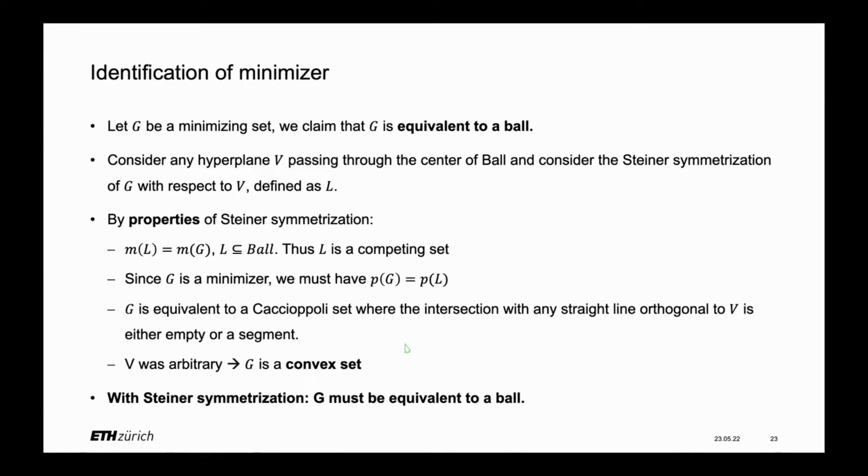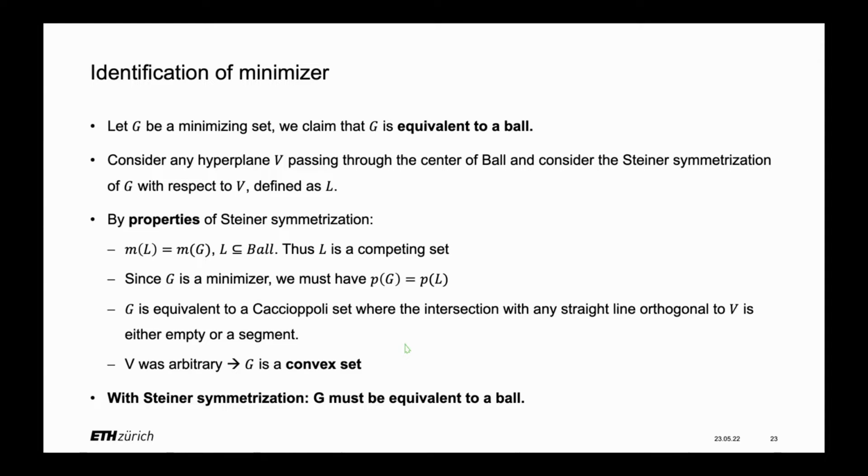So here we are using Steiner symmetrization. If we have a convex set, what can we do? We know with the last property that G must be equivalent to a ball, because using Steiner symmetrization, we can approximate it arbitrarily close to a ball.